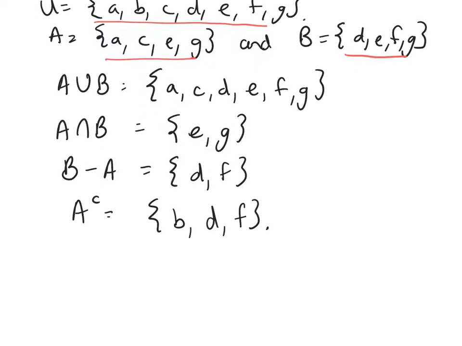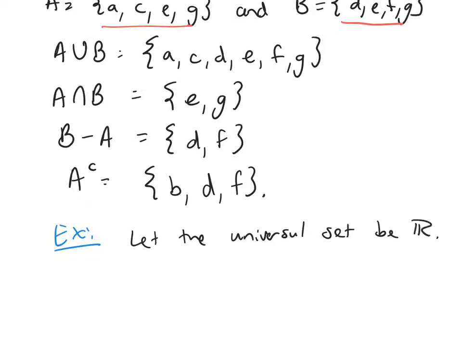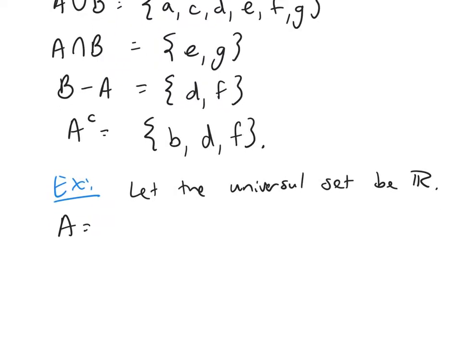Let's do one more example using these operations. Let's look at something a little bit different. Let's say the universal set is R, the set of real numbers, and I'm going to look at some intervals for my set.